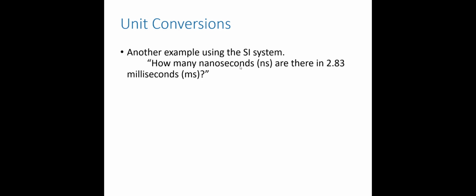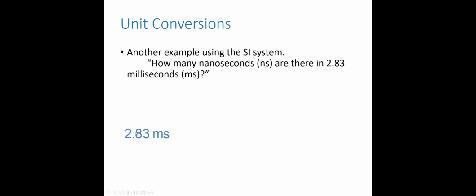You need to do this in steps. So we don't know how many nanoseconds are in a millisecond, but we do know how many milliseconds are in a second. And similarly, we know how many seconds are in a nanosecond. So we're going to do this in 2 steps, although we're going to write it out in one long step.